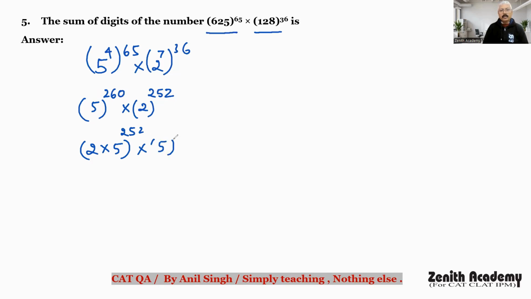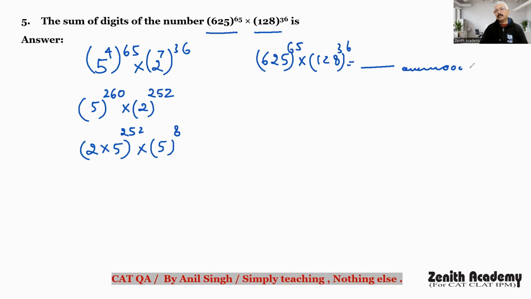So the remaining 5 is 5 to the power 8. 2 into 5 gives 10, so 10 to the power 252 means the product of 625 to the power 65 into 128 to the power 36 will have some trailing zeros, and these trailing zeros will be equal to 252. And then these numbers come like this. So this is 5 to the power 8, and 5 to the power 4 is 625.